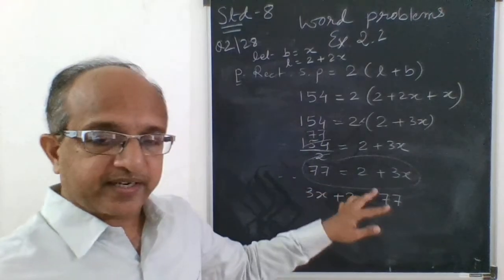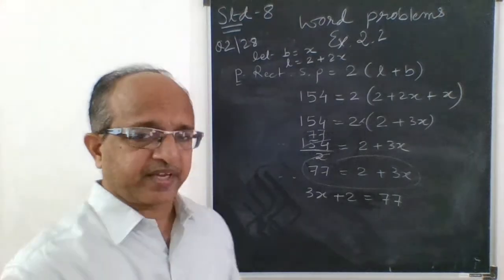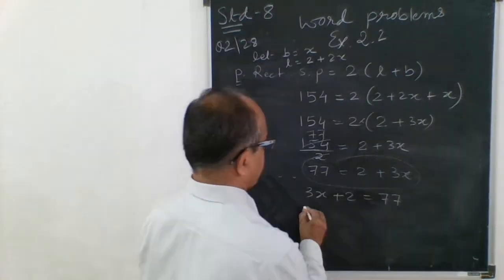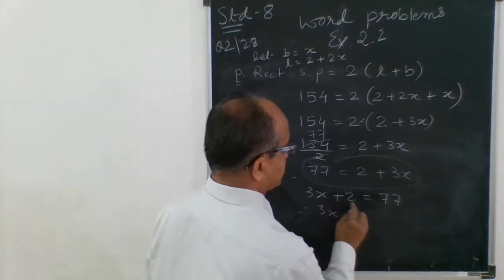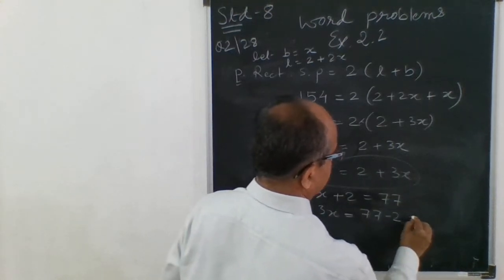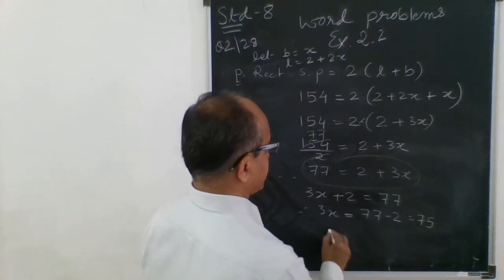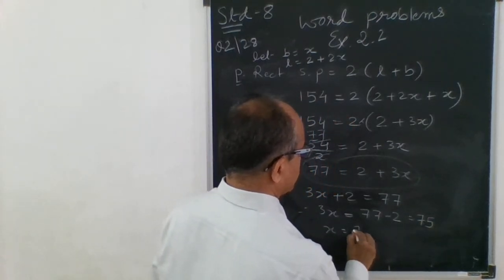See, we can do directly, but this is the initial stage, so we will do it this way. So 3x is equal to, this is plus 2, so when it goes over here, it becomes minus 2. That is what? 75.